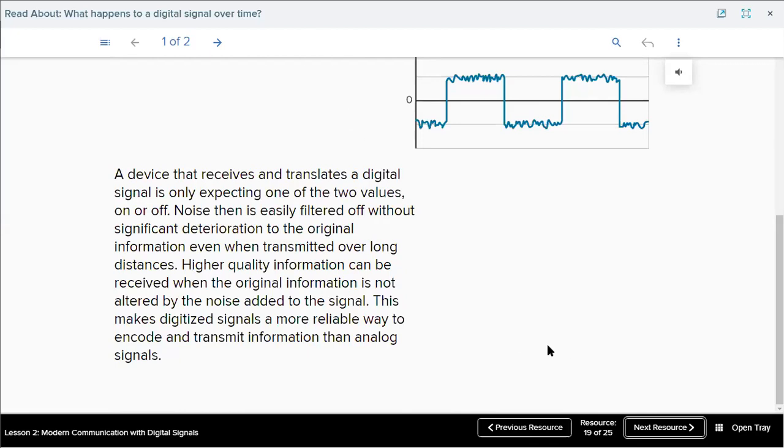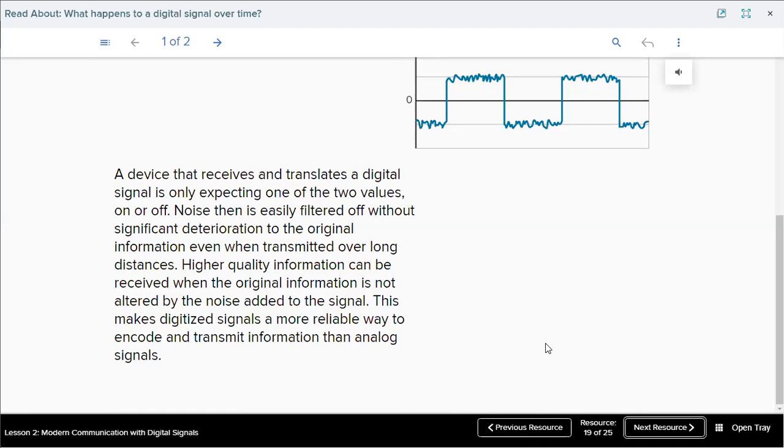Higher quality information can be received when the original information is not altered by the noise added to the signal. This makes digitalized signals a more reliable way to encode and transmit information than analog signals.